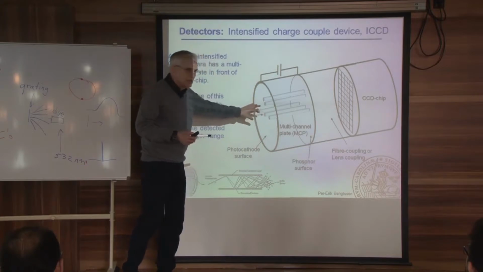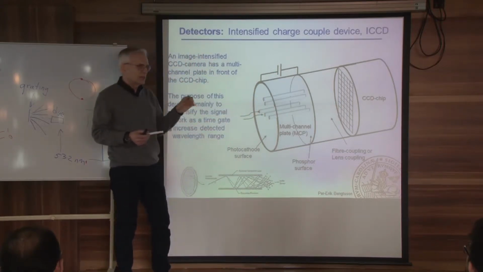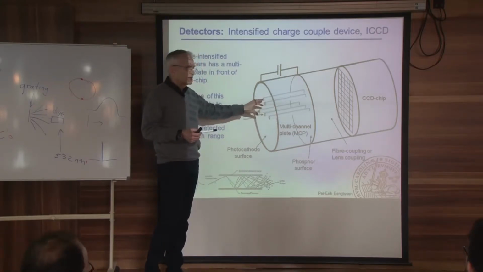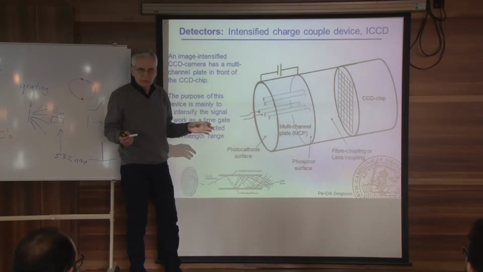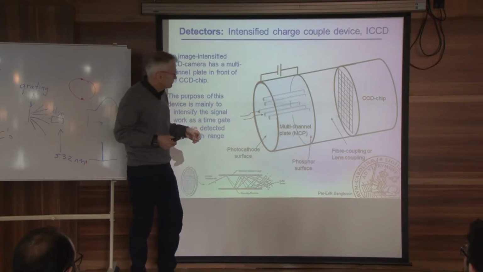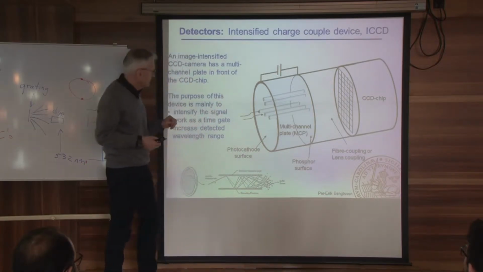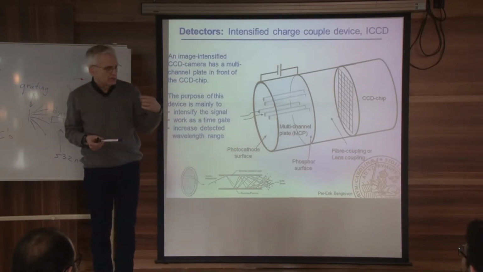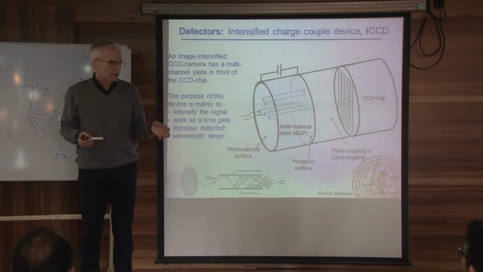So this can be gated, meaning that it is only active when the laser is on, for 10 nanoseconds. Otherwise it's blocked. And then we can suppress the background radiation from the flame. That's one very important reason. Another is that your mobile camera is not sensitive in the UV, and we want to make a lot of experiments in the UV region.